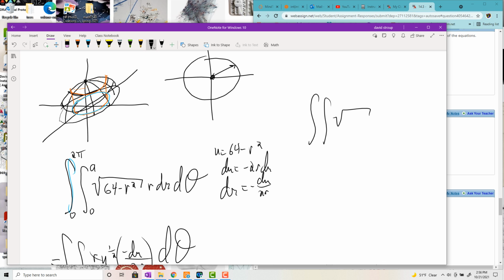It's going to be the square root of 64 minus r squared, r dr d theta. The total volume of it, so that would be from 0 to 8 and then 0 to 2 pi, right?